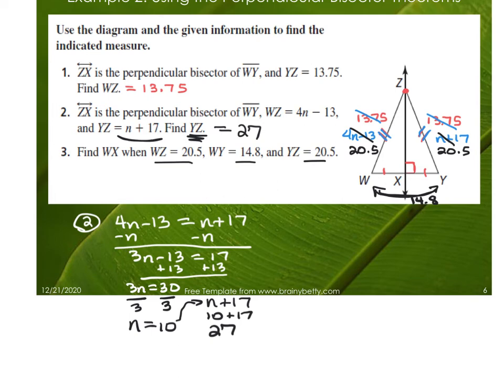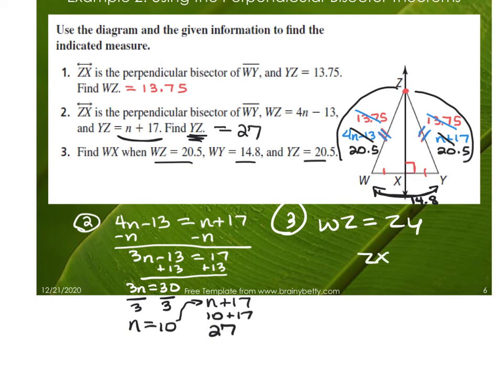Because these two are the same, 20.5, if we had to explain, we could say that because WZ equals ZY, I know that ZX is the perpendicular bisector. So then I know that I could split this into two equal parts.